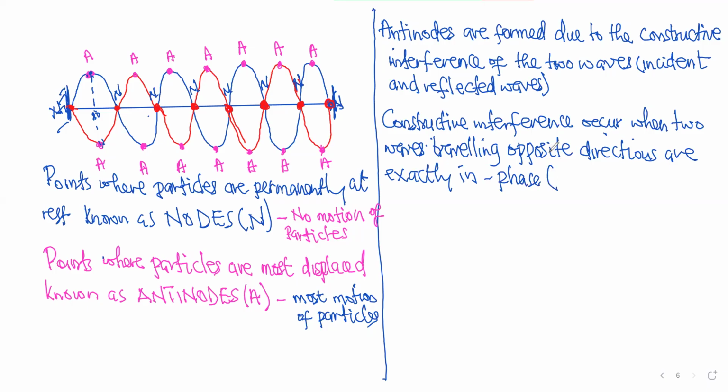In phase means that they occur at the same angle. If the two waves are in phase, as is happening here, the incident wave in blue and the reflected wave in red, both points occur at the same angle, meaning they are in phase.